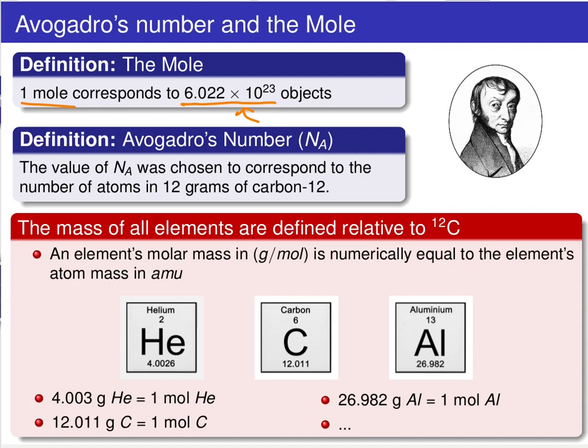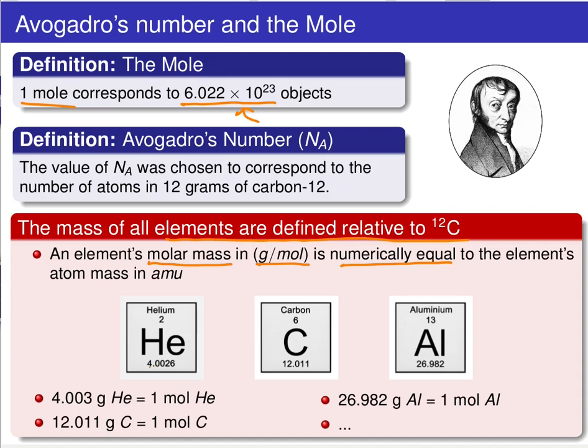Okay, so now it turns out that the mass of all elements are in fact defined relative to C12. And so as a result, an element's molar mass, every single element's molar mass in units of grams per mole, is numerically equivalent to the element's mass in atomic mass units. So this is very convenient.